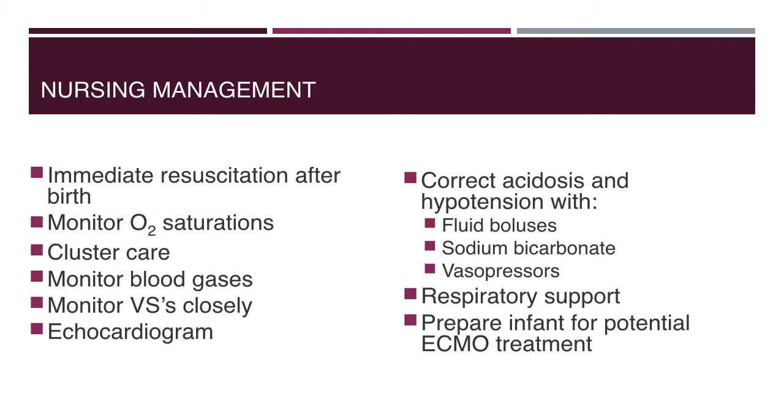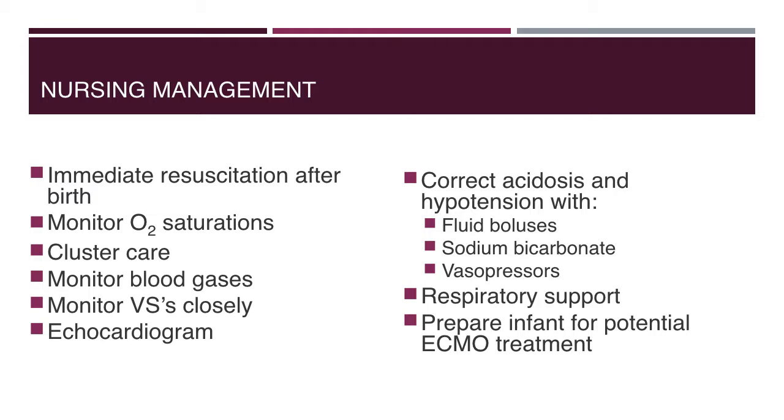These kids definitely need respiratory support, and they often are put on high-frequency ventilation, and nitric oxide is often very effective in helping the pulmonary vasculature to relax and improve ventilation and increase oxygenation, which improves both the acidemia and the hypoxemia.